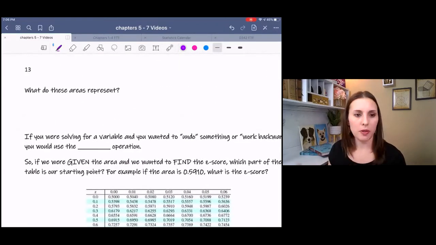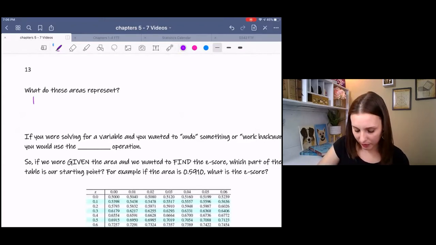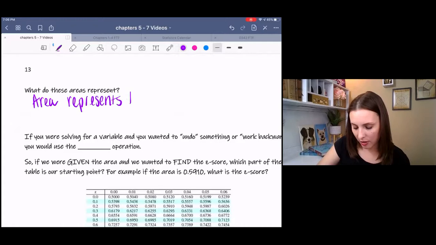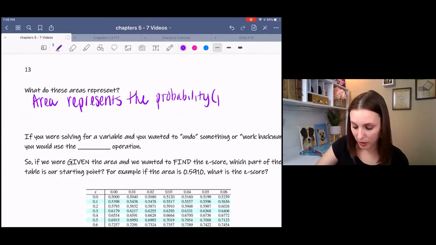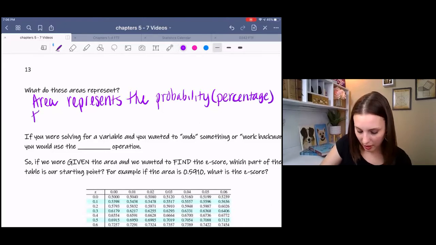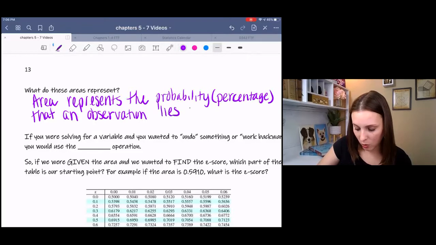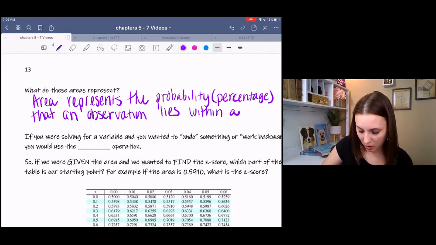I've already talked about this. What do the areas represent? Area represents the probability, which is expressed as a percent, that an observation lies within a certain range.